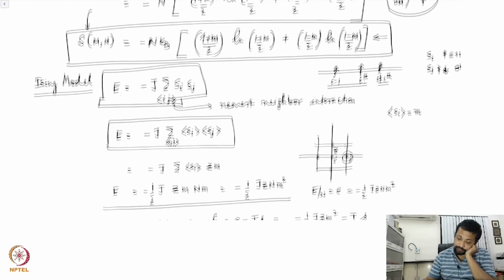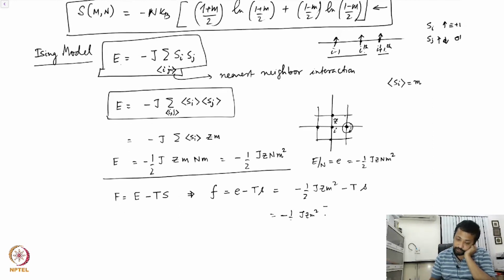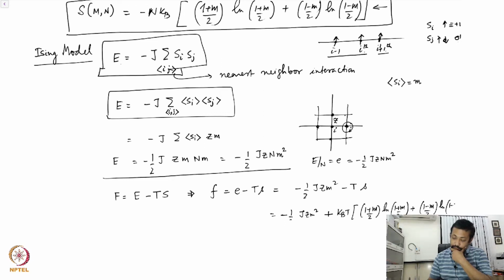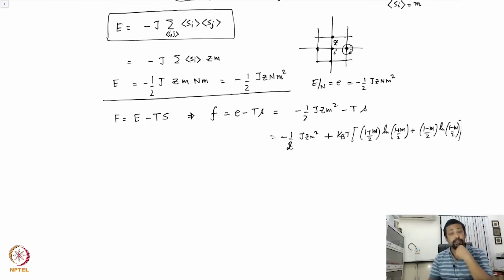We had the expression for the entropy over here, which we are going to use, minus, sorry, this becomes plus k_B T times (1 plus m by 2) ln (1 plus m by 2) plus (1 minus m by 2) ln (1 minus m by 2). This is the expression of the Helmholtz free energy per particle.